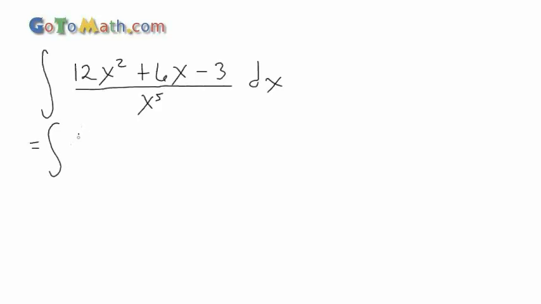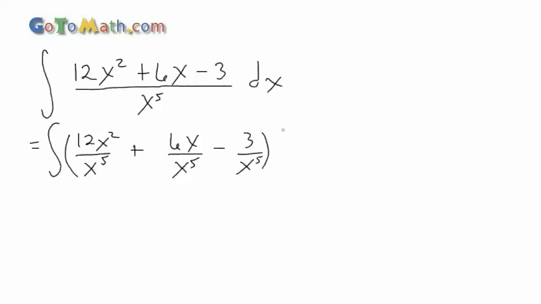So this is going to be 12x squared over x to the fifth plus 6x over x to the fifth minus 3 over x to the fifth. Alright, and then we shall simplify this down.